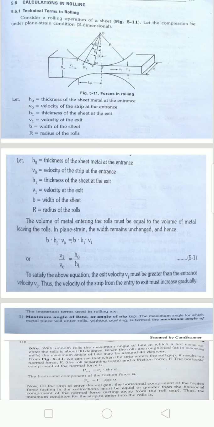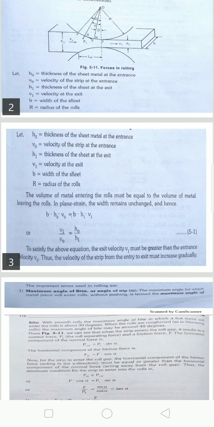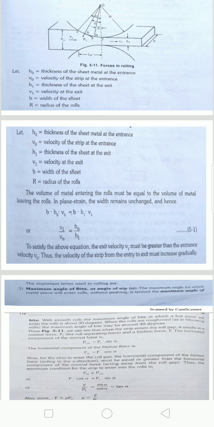By simplifying, V1 by V naught is equal to H naught by H1. To satisfy this equation, the exit velocity V1 must be greater than the entrance velocity V naught. Thus, the velocity of the strip from entry to exit must increase gradually.